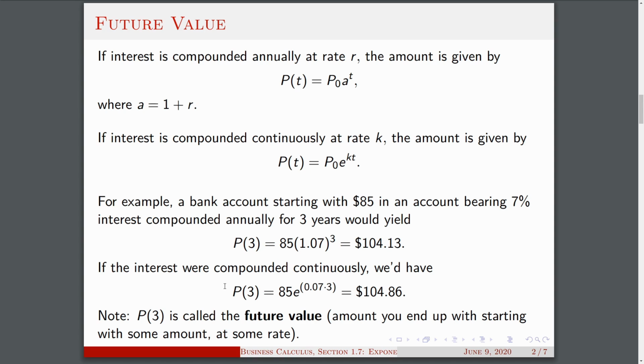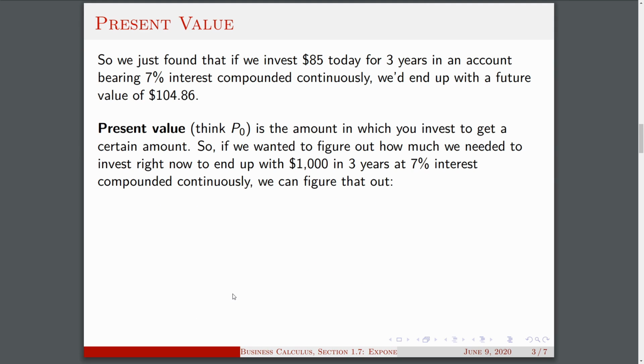Now we will talk about present value. So we just found that if we invest $85 today for 3 years in an account bearing 7% interest compounded continuously, if we didn't die of exhaustion from running out of breath after saying that, then we'd have a future value.